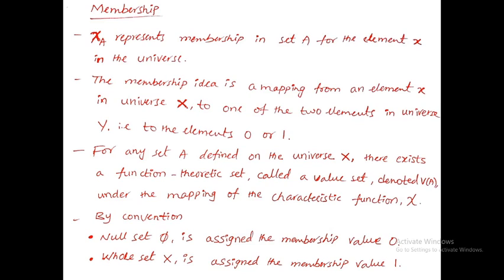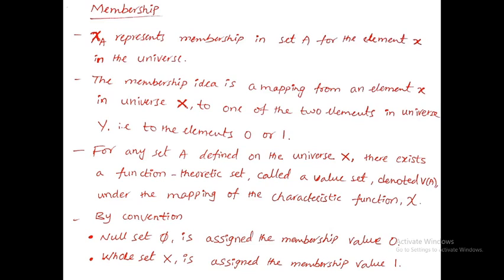So coming to the membership, xA represents the membership in set A for the element small x in the unit of discourse. The membership idea is a mapping from an element small x in the unit of discourse X to one of the two elements in the unit of discourse capital Y, that is to the elements 0 or 1. So here these are the crisp values, right? 0 and 1.